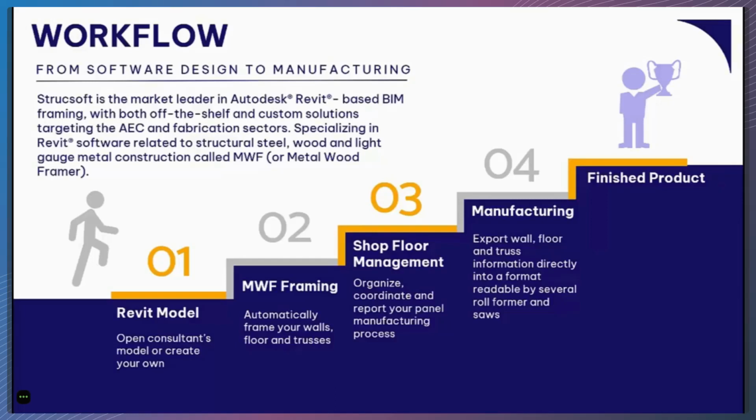So all your wall panels, your floor panels, ceiling panels, flat roof panels, your trusses, they can be uploaded directly into our sister software called Onyx. We read several roll formers, as well as saws. So you can see we will take you right from the design all the way to the finished product.